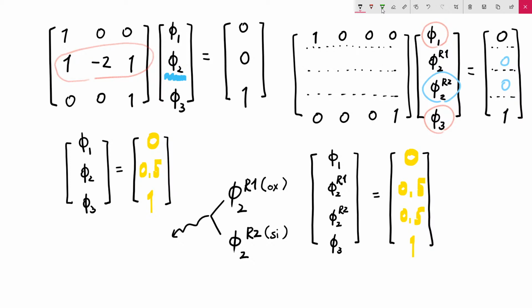However, think about, for example, electron continuity or hole continuity. Then what will happen? For electron continuity and hole continuity, this node point, for example, N2R1 or P2R1, is not defined at all.